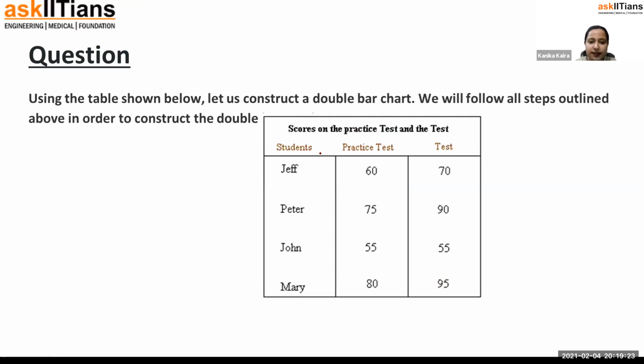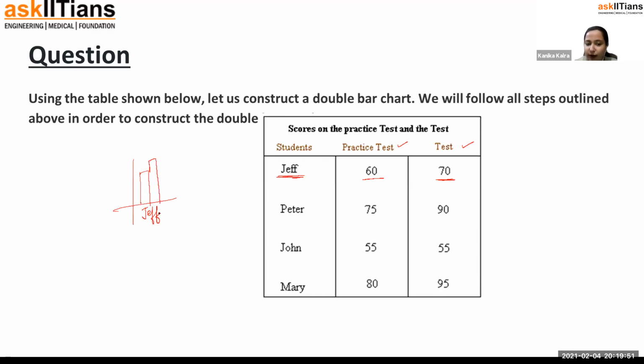In this case, they have taken the scores for students for a practice test and a final test. So basically, this is the data value and the associated frequencies, like 60 and 70. When you draw a graph, if we talk about Jeff, he scored 60 in the practice test, and in the final test, he scored 70.